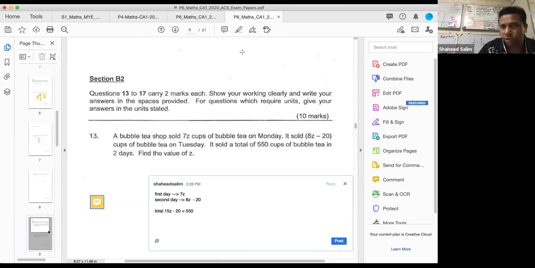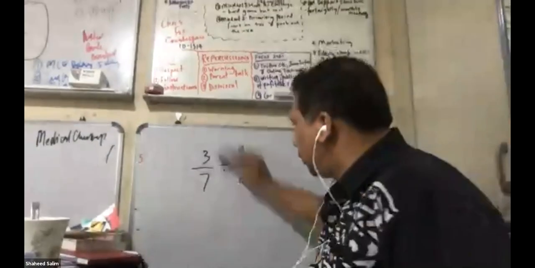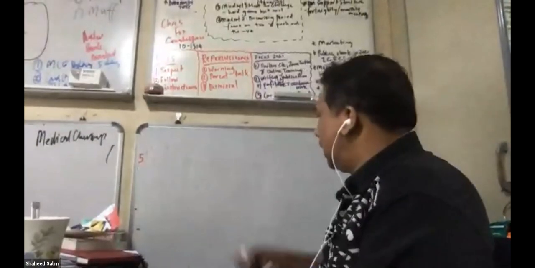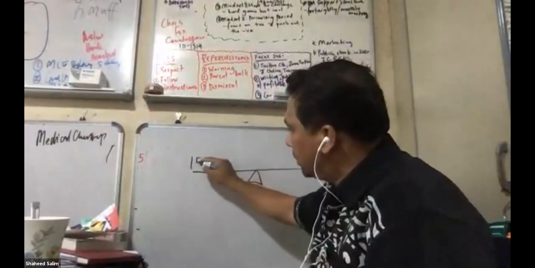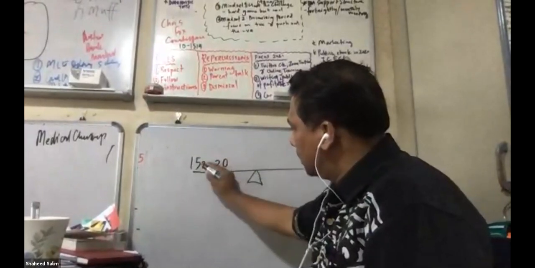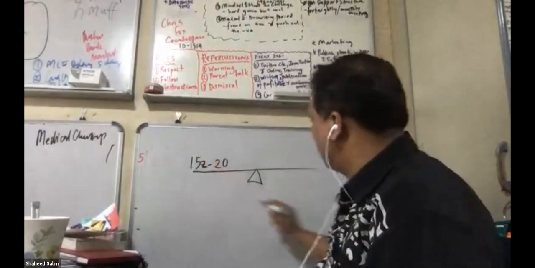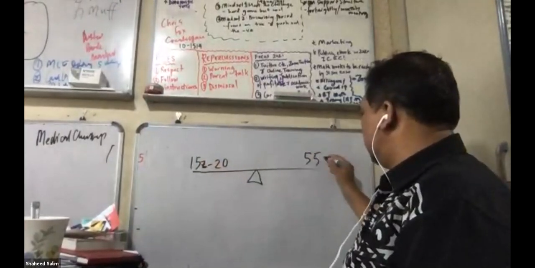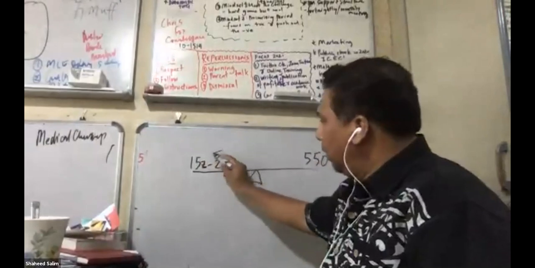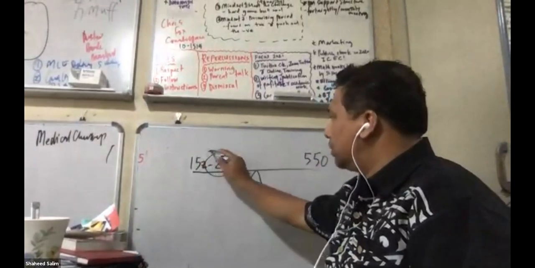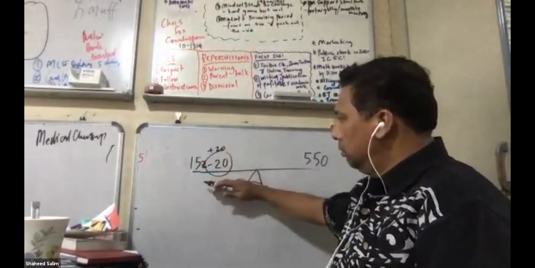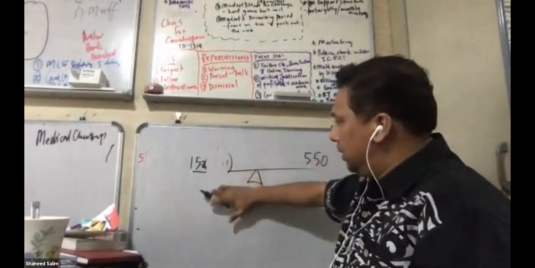So now I'm going to just show it here because at primary 6 sometimes students may not know how to do. You just use the seesaw lah. If you're not so sure, seesaw, this is balance. 15Z minus 20 is equal to 550. Now, how to make it balance? It's short of 20, you must plus 20. You plus 20, you become 15Z.